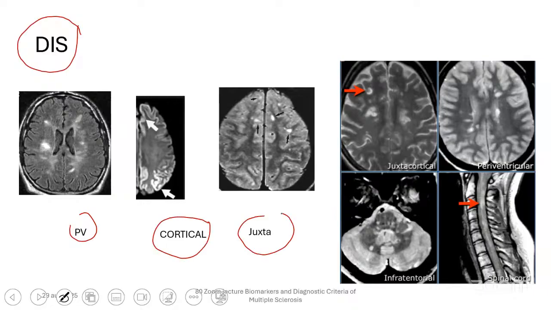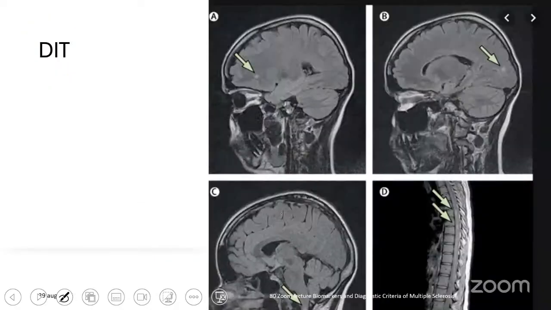You can see the juxtacortical locations are depicted here, and also the spinal cord lesions. So this is dissemination in space because various topographies are involved here, various places. And dissemination in time, appearance of lesions at different times, and you can have old and GAD enhancing lesions in the same scan, that also will tell us that it is dissemination in time.